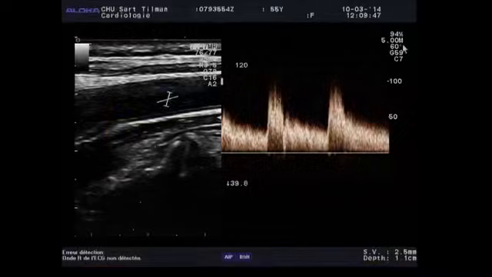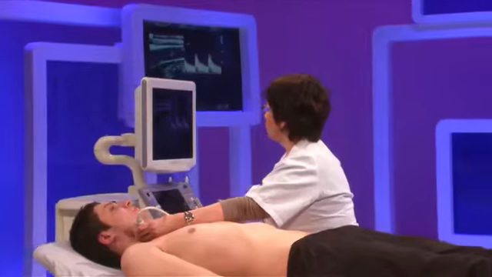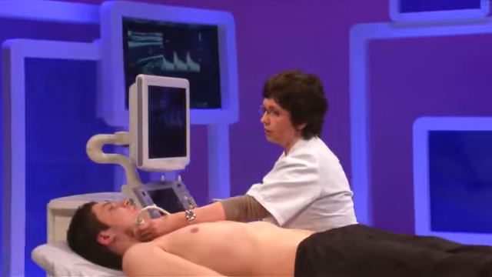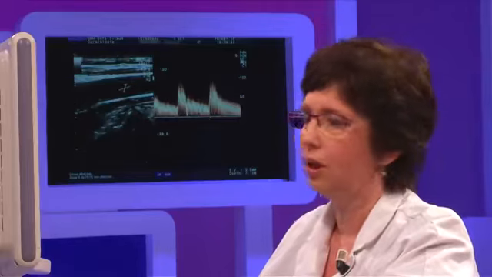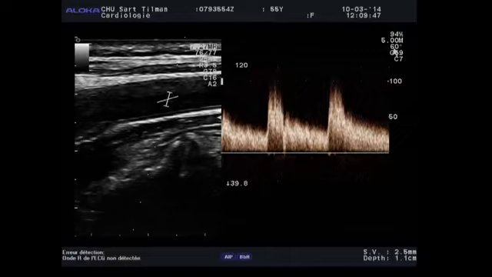If you have a theta angle or incident angle above 60 degrees, you will overestimate your velocities. And I'm going to show you later on, to assess the severity of the carotid stenosis, you will use peak systolic velocity. So it's very important not to make mistakes at this stage.